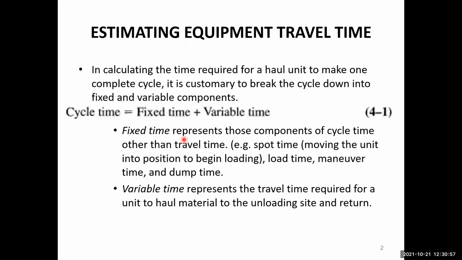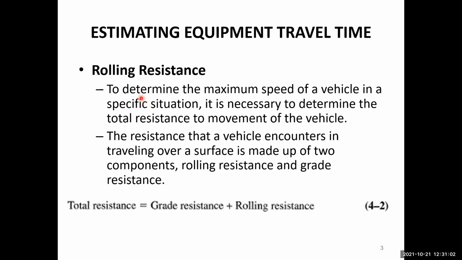When talking about such times, the machines or trucks or other equipment used for transportation move on the surface of the earth. When these machines move on the ground, there will be a resistance from the ground to the movement. That resistance is called the rolling resistance.